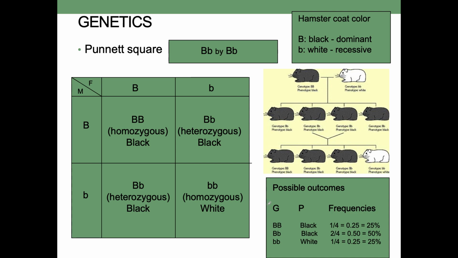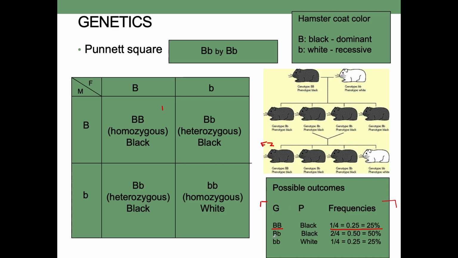And so we can calculate the genotype and phenotype frequencies. In this case, the homozygous dominant genotype only occurs in one out of the four possible combinations. And so that genotype has an occurrence of one out of four, 25%. 25% of the F2 generation will have that genotype.